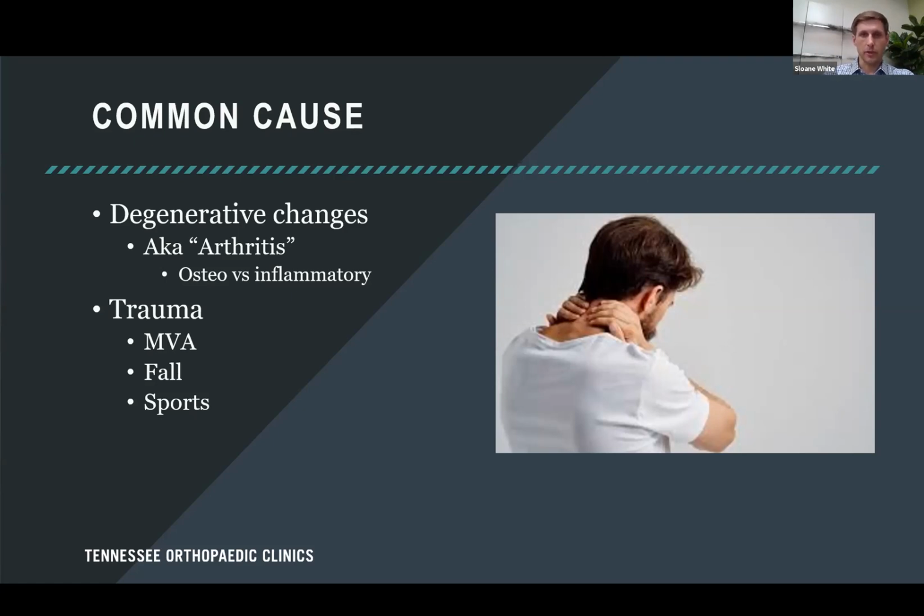There's also the inflammatory component, such as rheumatoid, which is due to the body attacking the joints and causing premature degeneration of the joints. The other common issue is trauma from motor vehicle accidents, falls, as well as sports.